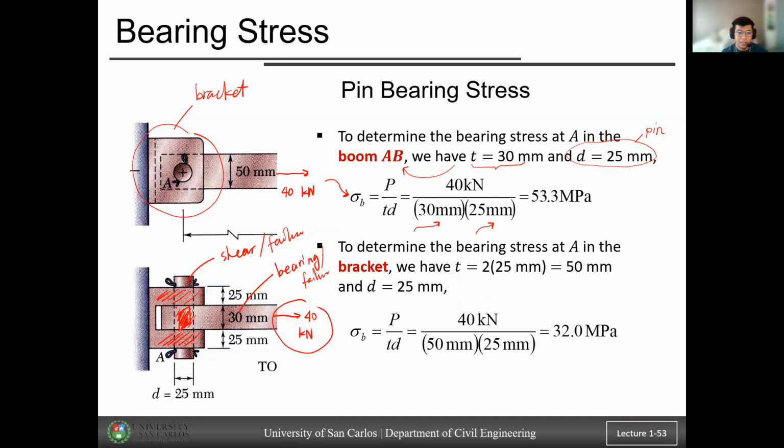So let's say it fails. Again, since we have 40 kilonewtons going to the right, and going to the left here, if the material fails, meaning your pin is still intact and your member is still intact, the portion that failed is your bracket.